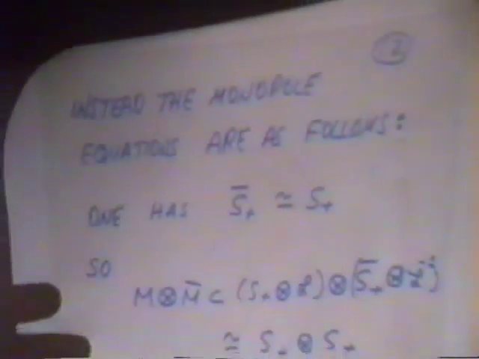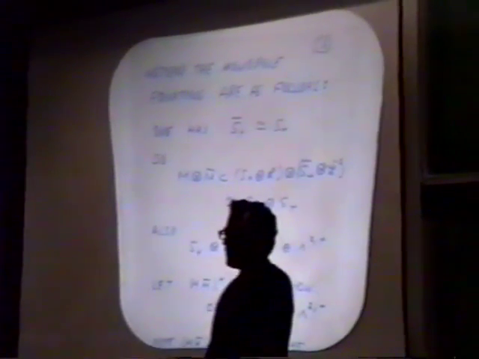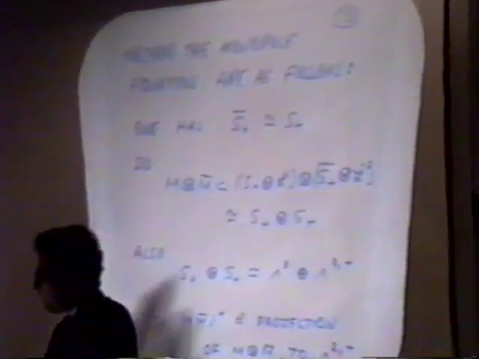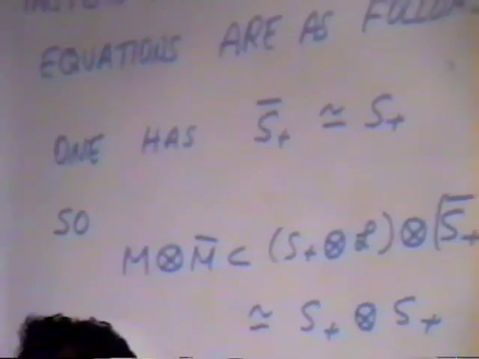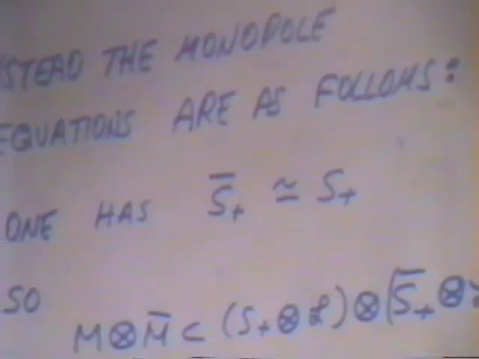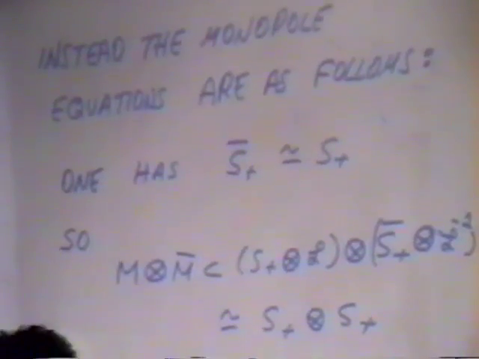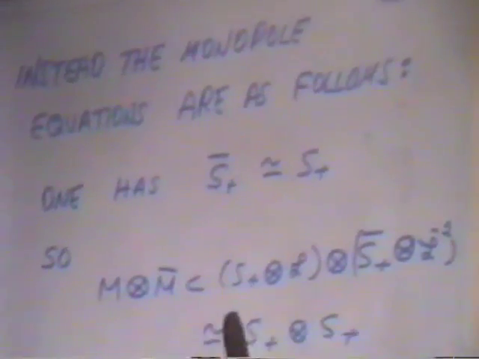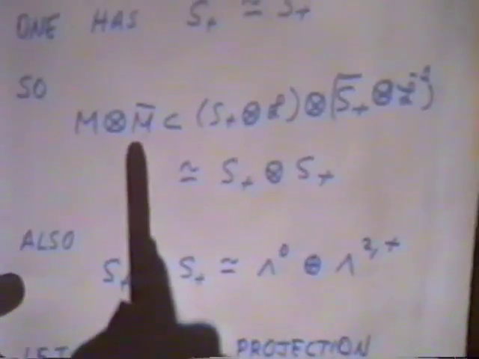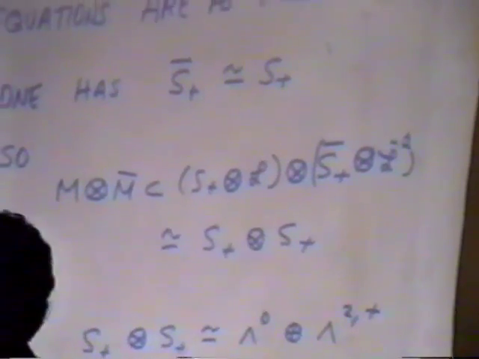Well, the monopole equations are instead as follows. First of all, the structure group of the spin bundle in 4 dimensions is SU2. And as the 2-dimensional representation of SU2 is a pseudo-real or symplectic representation, SU2 being the same as Sp1, the complex conjugate of S plus is S plus itself. Now, if the monopole field M lies in S plus tensor L, then its complex conjugate lies in S plus bar tensor L inverse.